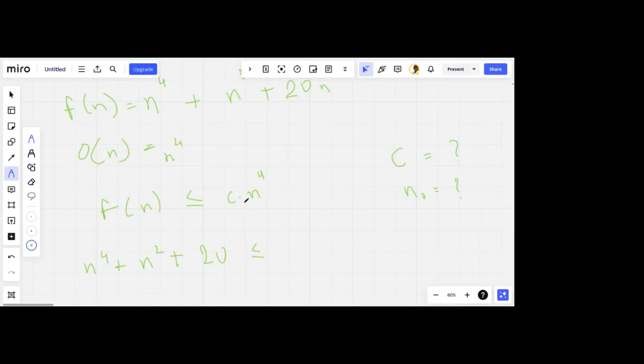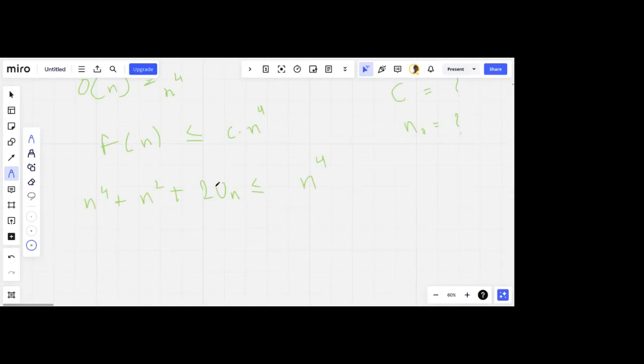But just a minute, c equal to 1 is not correct actually. If you put c equal to 1, then this would just become n to the power 4, right? How is this greater? Let's say for n equal to 2, this term will always be greater, right? So c equal to 1 is not correct.